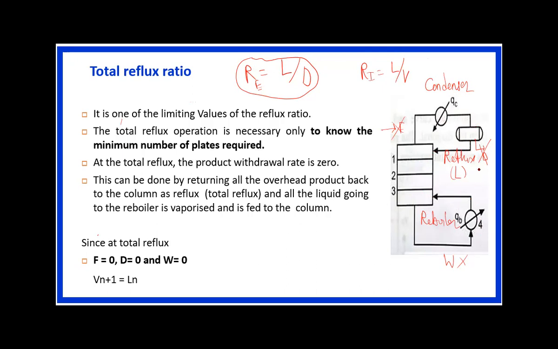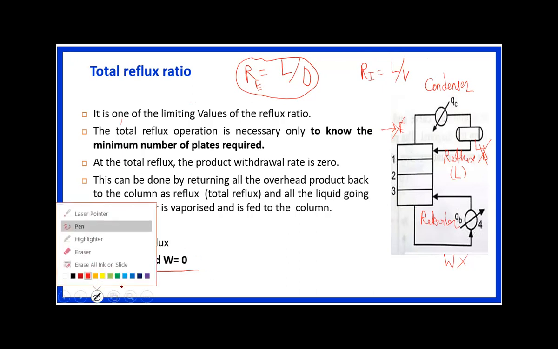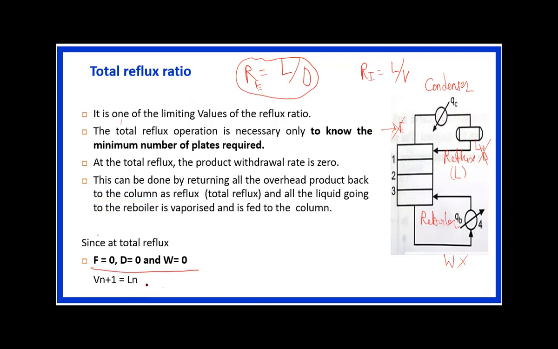So there is no distillate, no feed, and no waste, and that is why we have written F equal to 0, D equal to 0, and W equal to 0, right? Whatever vapors come out from one plate and go to the next plate are the same. That is why it is written as Vn plus 1 is equal to Ln.